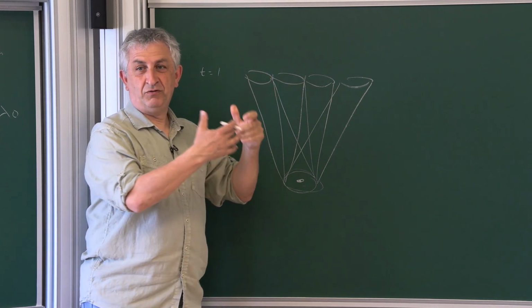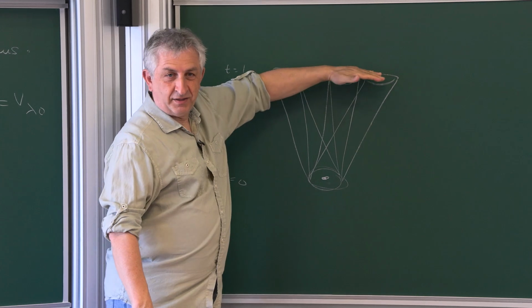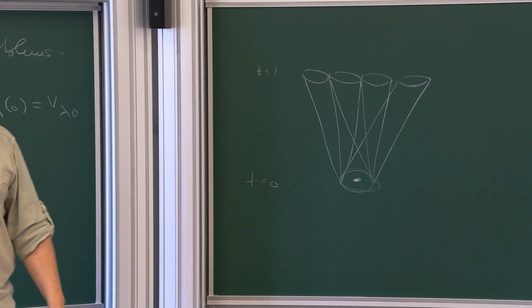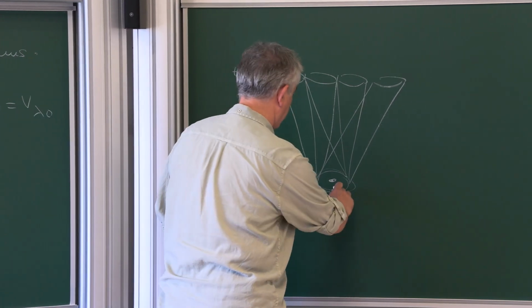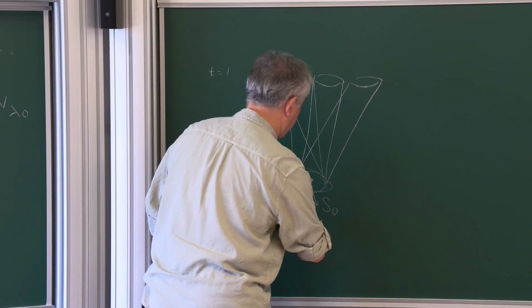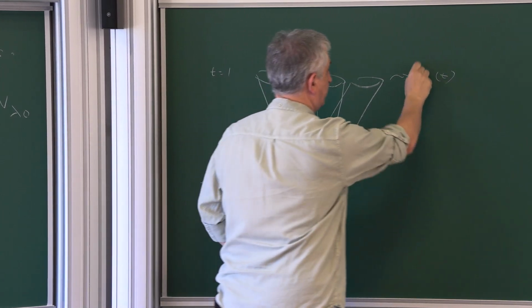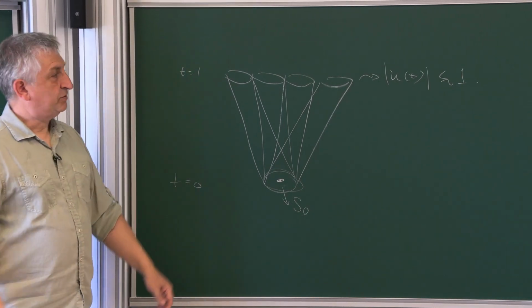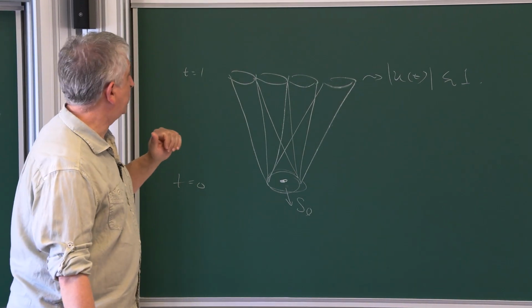There's no more overlapping between them. And so obviously, if each of them has size 1, then the L infinity norm at this time also has size 1. So here, these add up to the Dirac mass. These add up to u of t. And then u of t has to be smaller than 1. So this is, in pictures, the proof of this dispersive estimate for time 1.